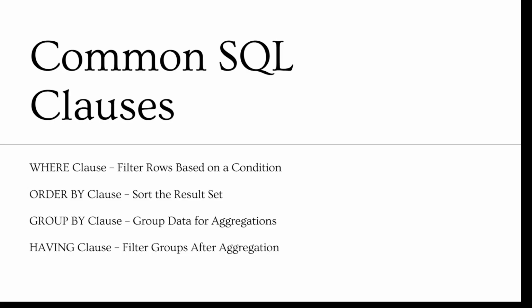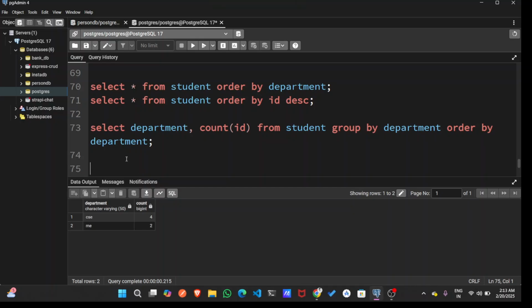We cannot use the where clause for that. If we are working with simple records, we can use the where clause there, but if we want to filter the aggregated data, we will use the having clause. So let's say I want to retrieve the data of only those departments whose number of students is greater than 3.